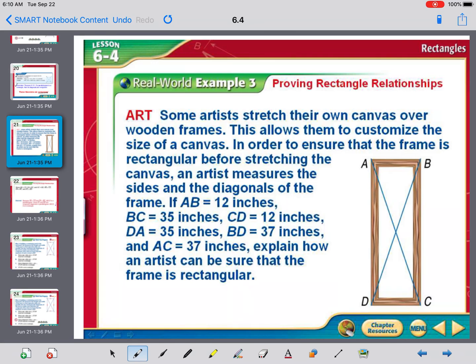Some artists stretch their own canvas over wooden frames. This allows them to customize the size of the canvas. In order to ensure that the frame is rectangular, before stretching the canvas, an artist measures the sides and the diagonals of the frame.